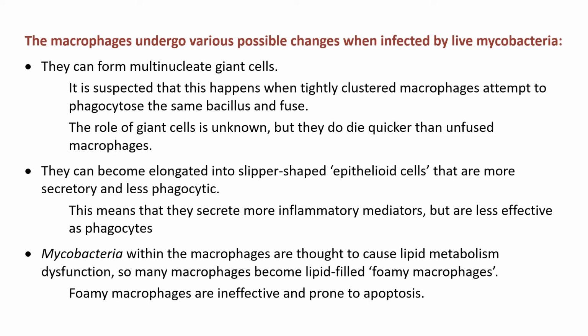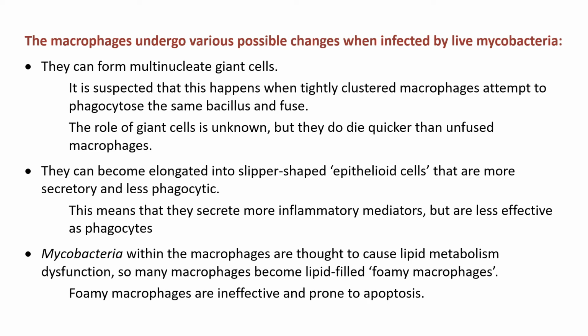Of course, in atherosclerosis, they were phagocytosing it. In this case, the mycobacteria that they phagocytosed are causing the macrophage to produce the lipid. And they become foamy macrophages, lipid-filled, and as we know from a similar process in atherosclerosis, these are somewhat ineffective.